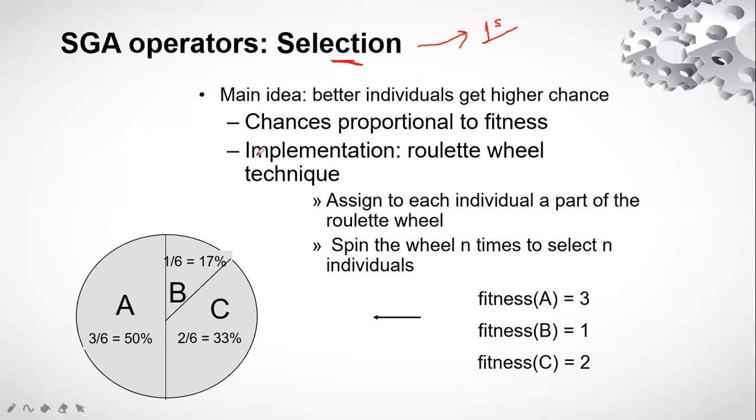What is the basic idea behind this? The basic idea is we have to get the better individuals out of the total population. Out of the total population, we are going to select the best parents so that they can give birth to a child who has a better fitness value.